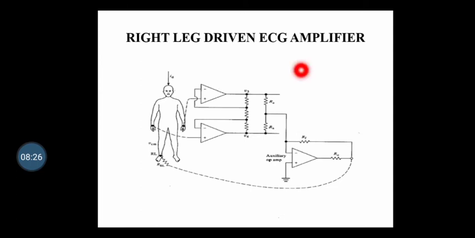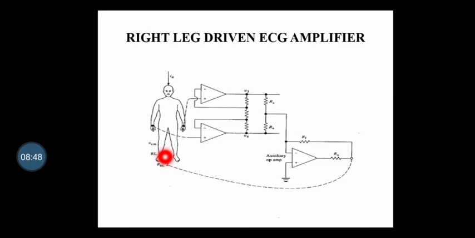So this is the right leg driven ECG amplifier circuit. Here these two are the main amplifiers. Their two outputs will be connected to the auxiliary amplifier. This auxiliary amplifier output is tied to the right leg of the patient. So the unwanted electromagnetic signal will be mitigated through this right leg.